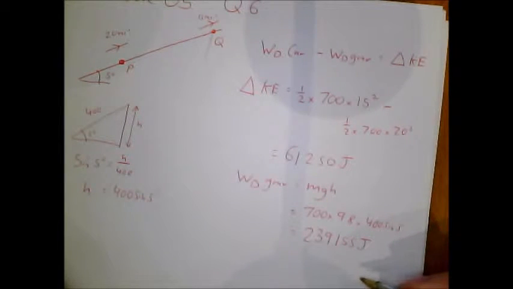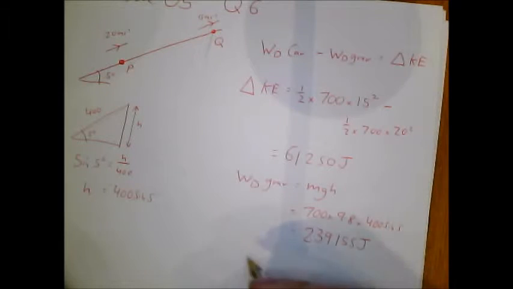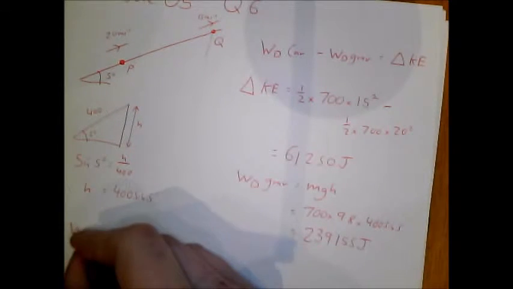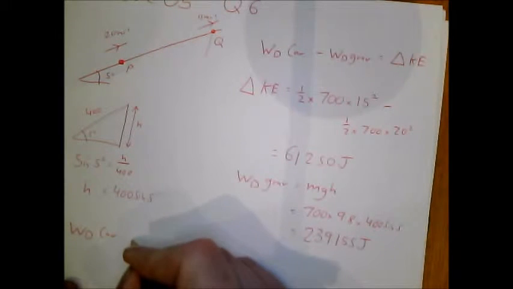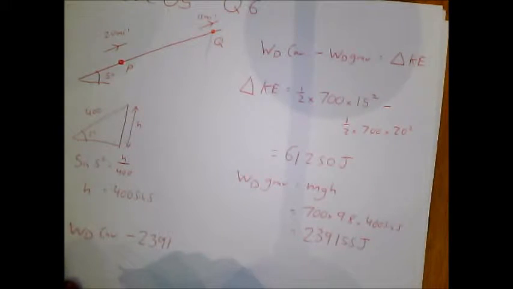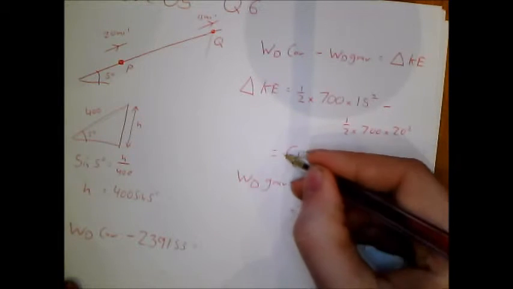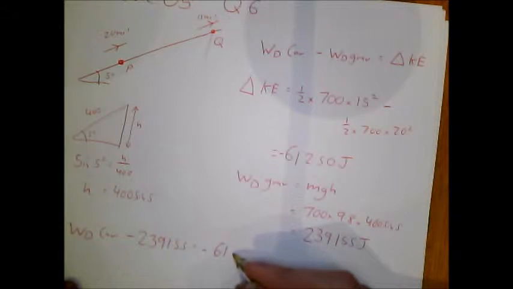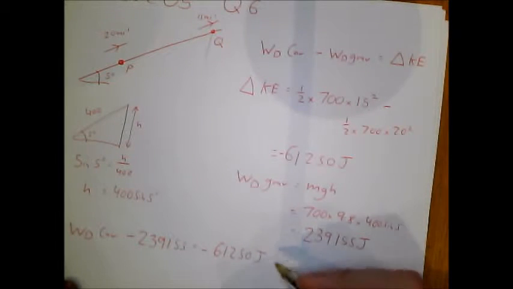So that means the work done by the car minus 239,155 is equal to our negative 612,050 joules.